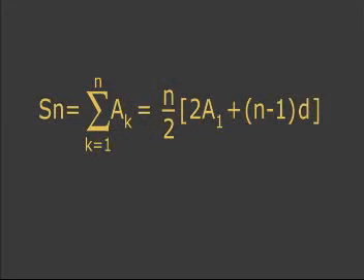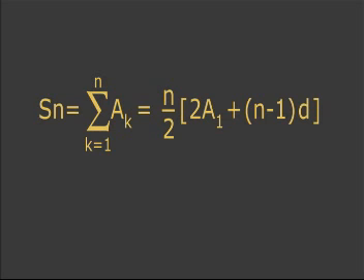This formula can be used to prove a theorem regarding arithmetic sequences. The sum Sn of the first n terms of an arithmetic sequence with first term a1 and common difference d is Sn equals sigma of ak with index k, upper limit n, and lower limit 1.